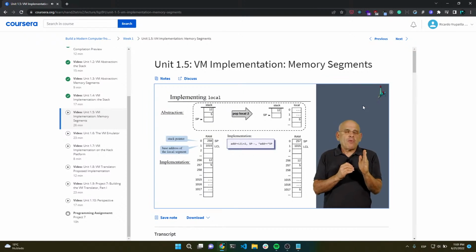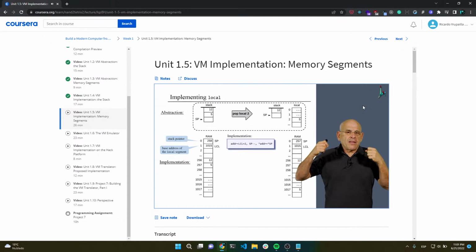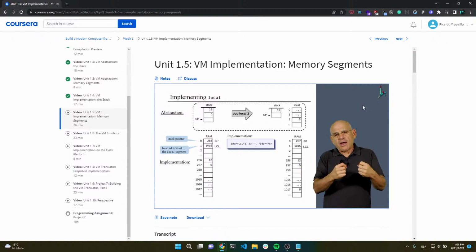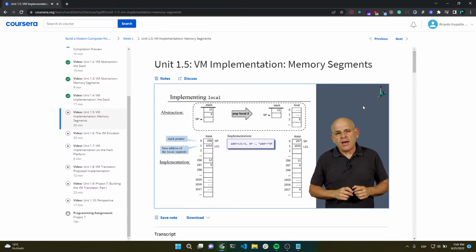Then we decrement the stack pointer, and we take the value which is stored now under the stack pointer, or the value that the stack pointer points at, and we put it into the address that ADDR points at.